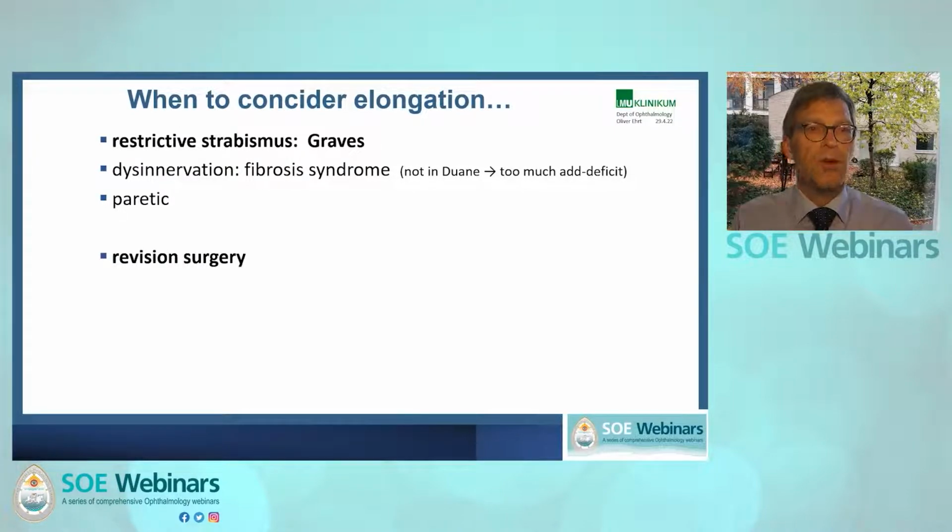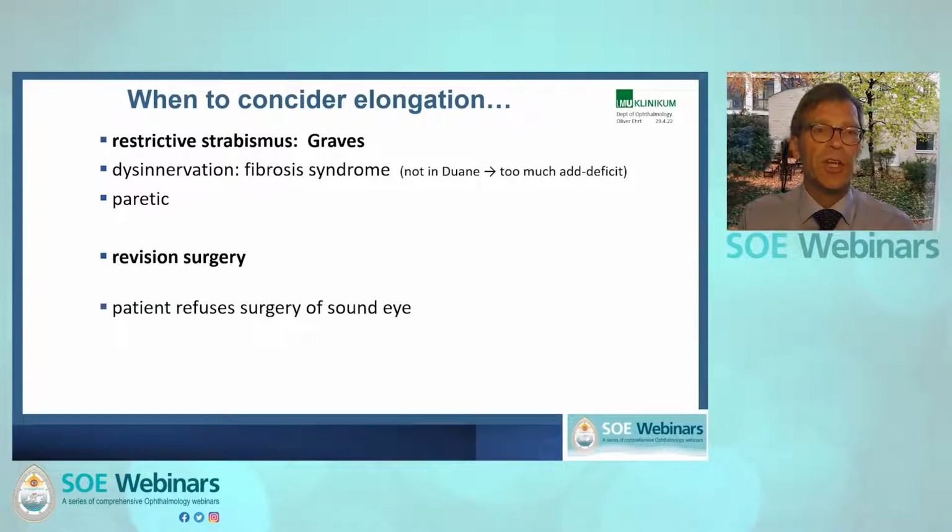I advise to use it most of the time for revision surgery, because when I use elongation surgery as a primary procedure, I had some over effects and severe limitations of motility, so I have returned to use it for revision surgery only.